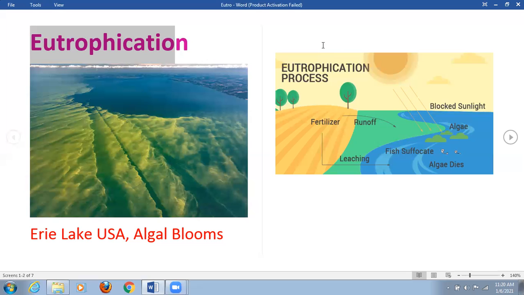Because of nitrate and phosphate, eutrophication takes place. These are the two main nutrients responsible for the eutrophication process.